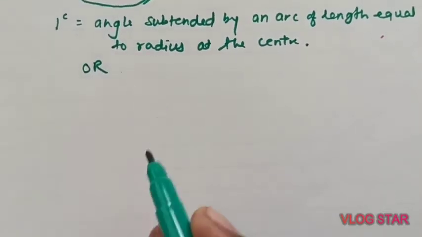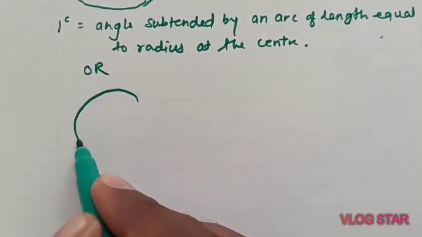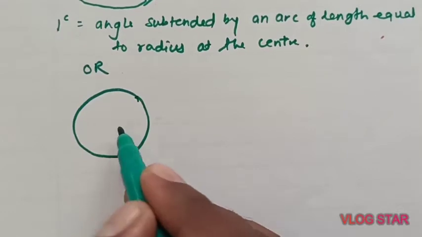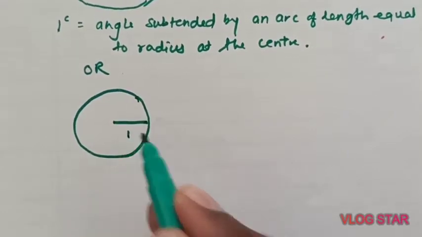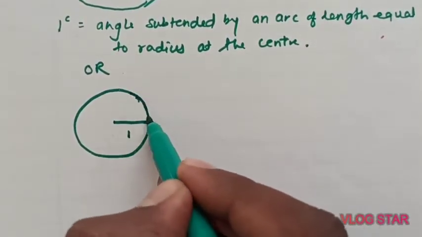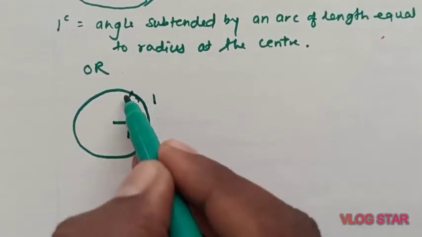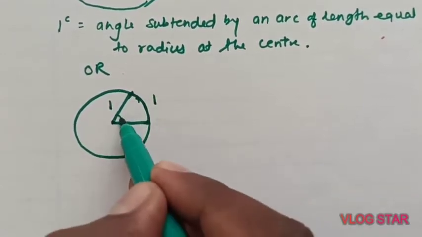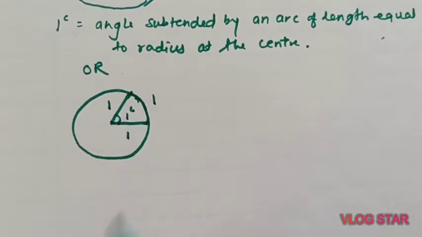Or if you take a unit circle whose radius is 1, and you choose the length of arc to also be 1, then this angle is 1 radian.